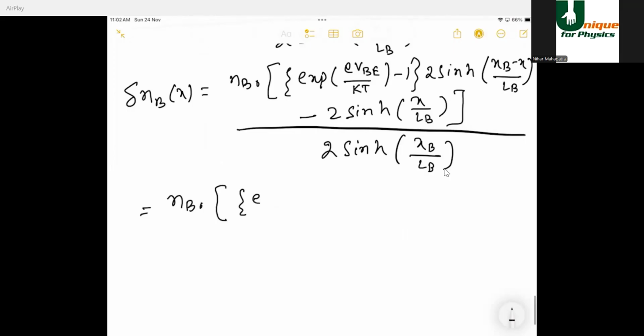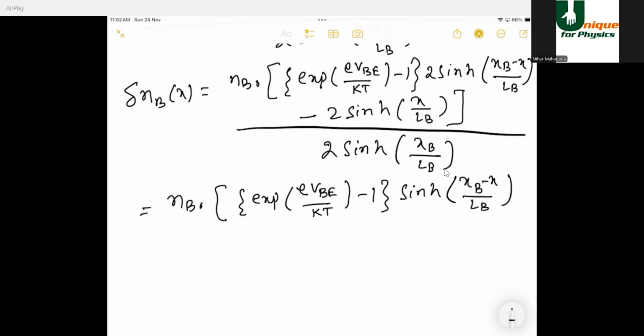Finally, we got to the power eVbe upon kT minus 1, sinh, cancelling 2 from numerator and denominator, of xb minus x upon Lb minus sinh of x by Lb, bracket end.